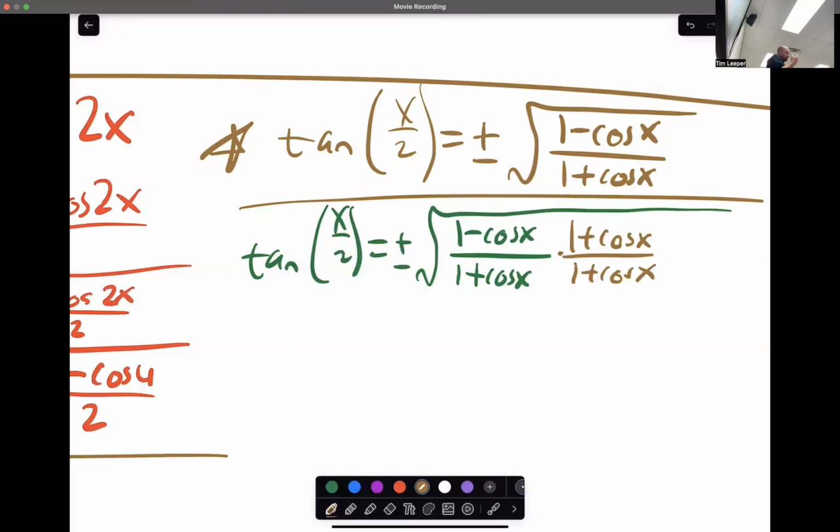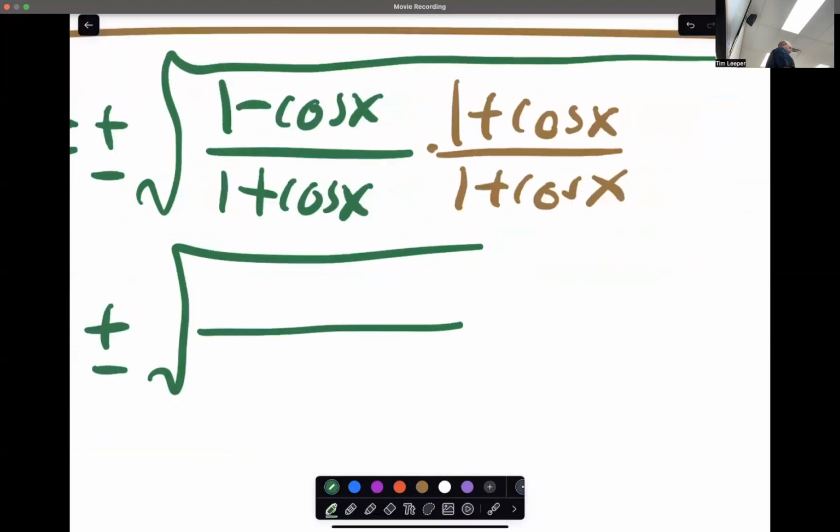Now, you could do it as 1 minus cosine of x as well. I'm just doing that because I want to. Now, how does this simplify? Well, it becomes plus or minus the square root of, notice that in the numerator, we have 1 minus cosine times 1 plus cosine, and that's a product of conjugates, which when you multiply together will give you a difference of squares.